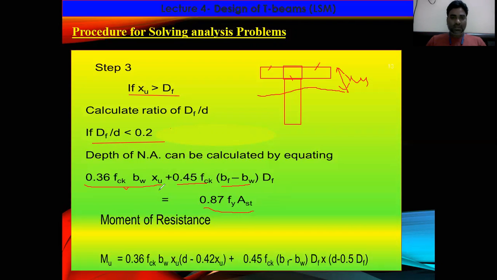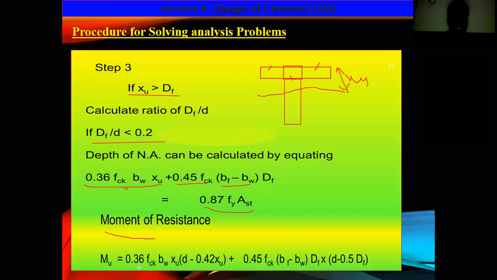So after determining the XU value, that is the depth of neutral axis, you again need to determine XU max, that is the maximum depth of neutral axis. After that, the moment of resistance can be calculated using this equation.